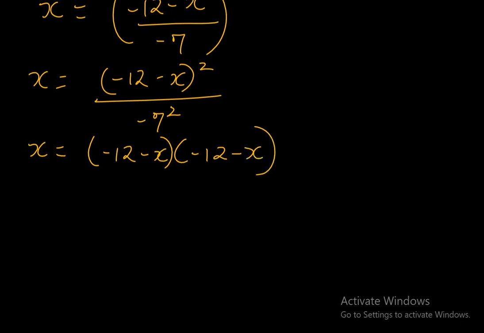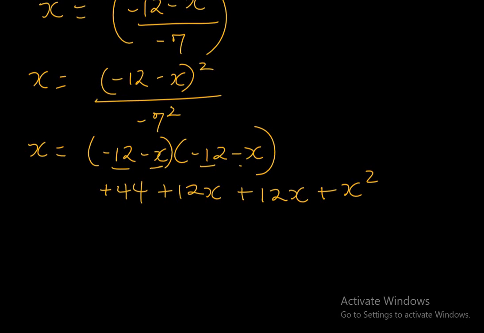Minus 12 times minus 12 will give me plus 144. Minus 12 times minus x will give me plus 12x. Going the other way, minus x times minus 12 will give me plus 12x again. Then minus x times minus x will give me plus x squared. If I rewrite this, this will give me a quadratic equation.